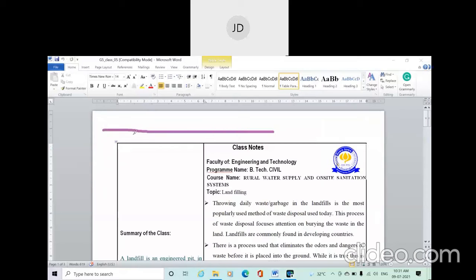Suppose this is your ground surface. One is open disposal, that means you can dispose of the waste above the ground. And another one is you can dispose of the waste beneath the ground. Basically, in landfill we are talking about the disposal of waste underneath the ground.